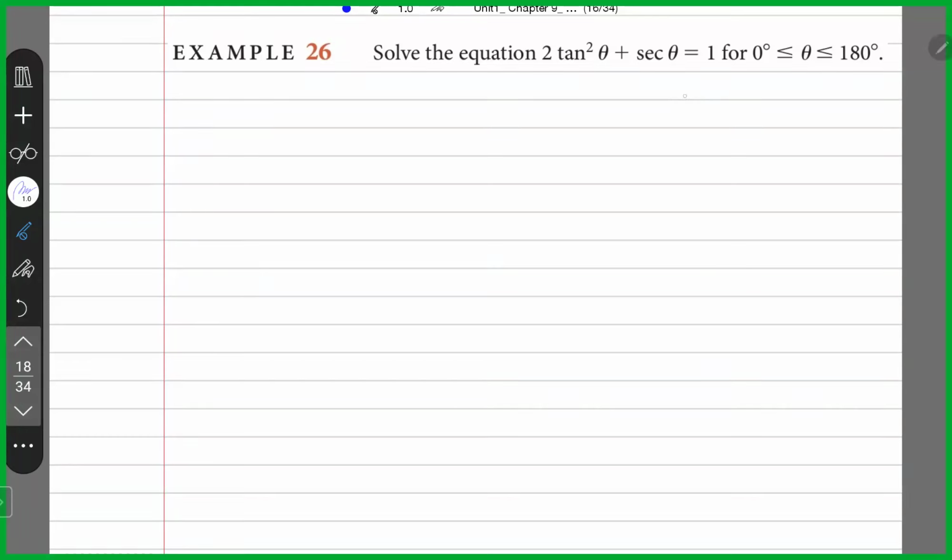Now, again, going back to the Pythagorean identity, sine squared theta plus cos squared theta is equal to 1, dividing the entire equation by cos squared theta. Now, if you know the identity, you don't need to do this. But if you don't know and you need to get it from scratch, this is how you would go about doing it.